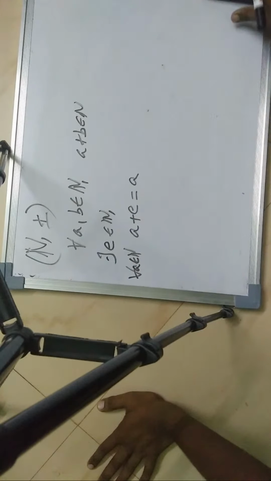So we know about addition. If you want a again when you add an element with a, then this must be nothing but 0. But 0 does not belong to natural numbers. So natural numbers under addition does not form a group because it does not have the identity.